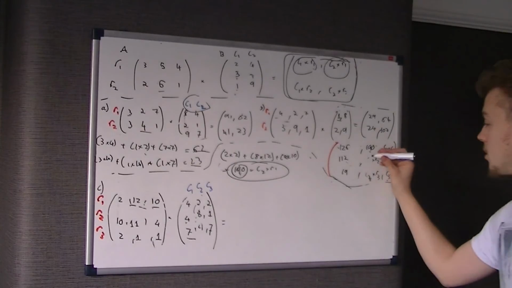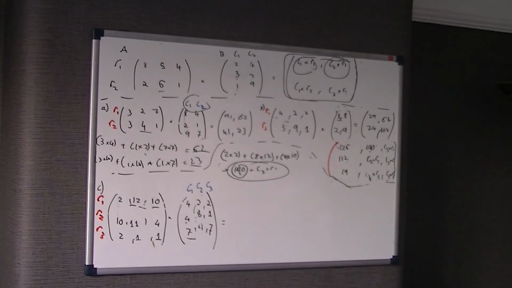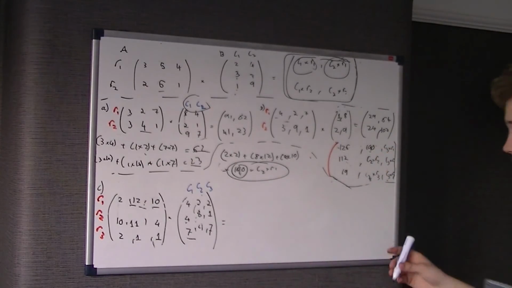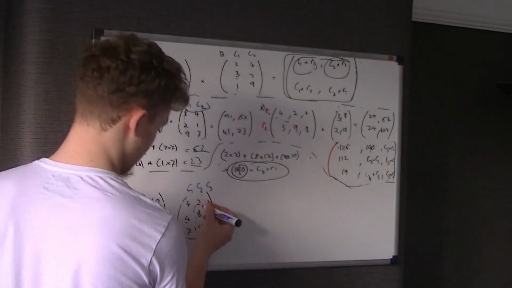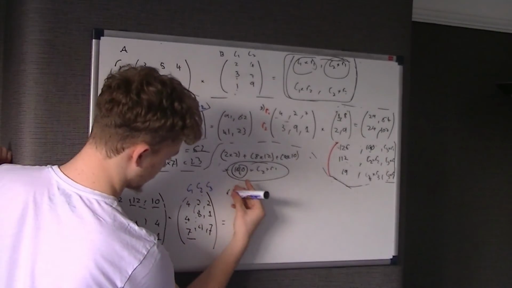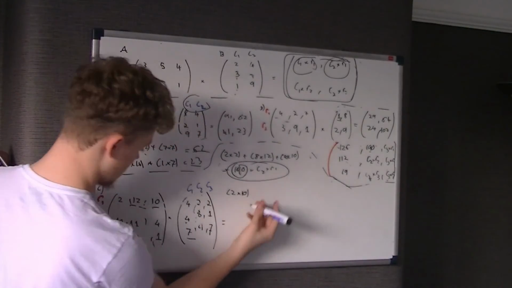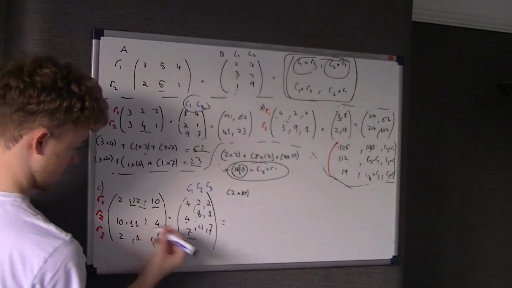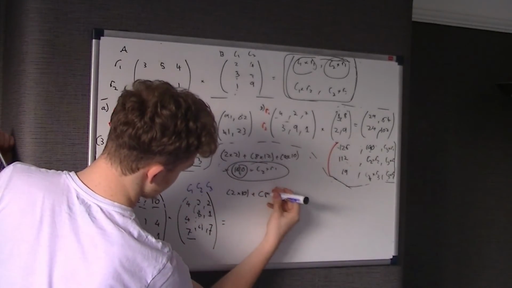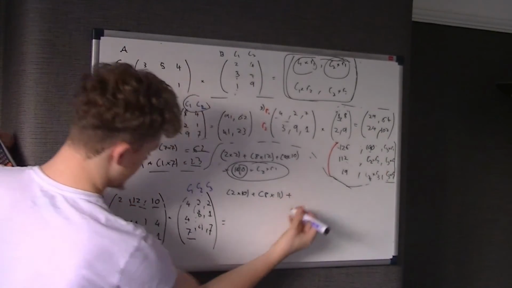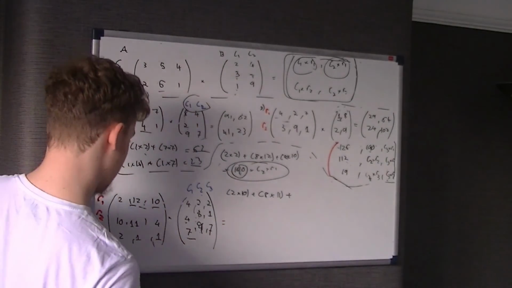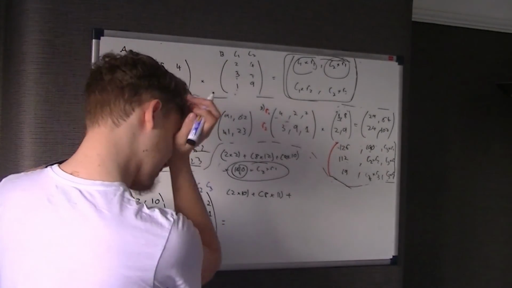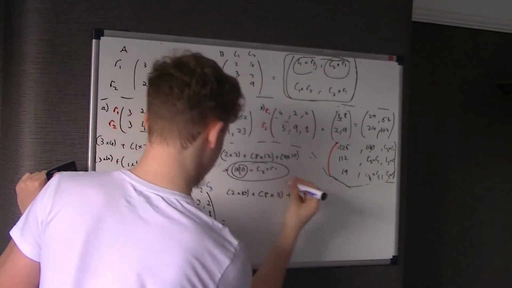Now we want column 2 times row 2, which is where we'd normally be on the last one by now. So column 2 times row 2, well that's 2 times 10 plus 8 times 11 plus 9 times 4.